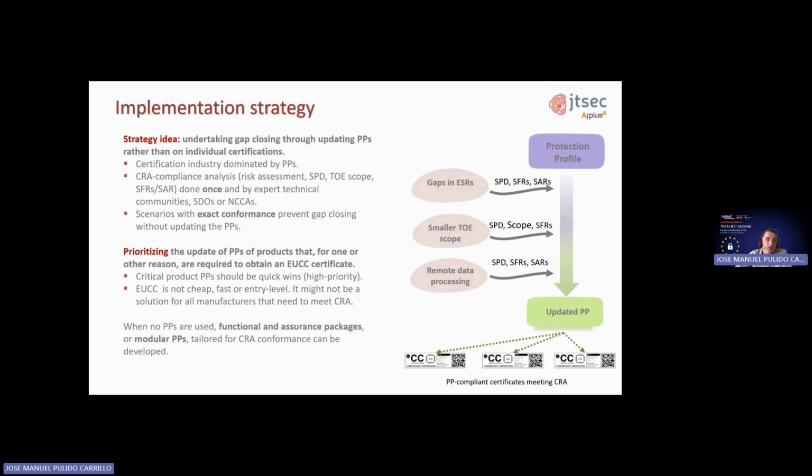And we can identify already some quick win scenarios, those products that for one reason or another need to be already certified under EUCC, like smart cards, for example. If we look at the critical products, they usually don't have remote data processing elements. The scope of the TOE matches the one of the CRA, so it will be easy to accomplish, okay?